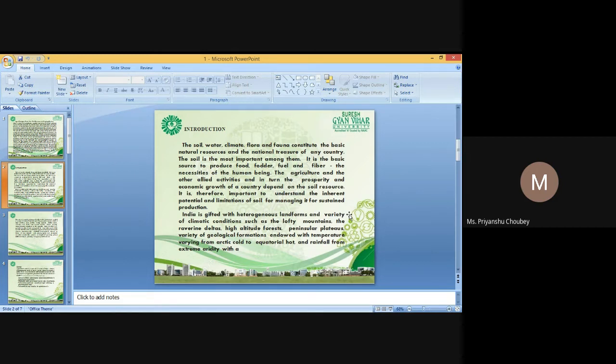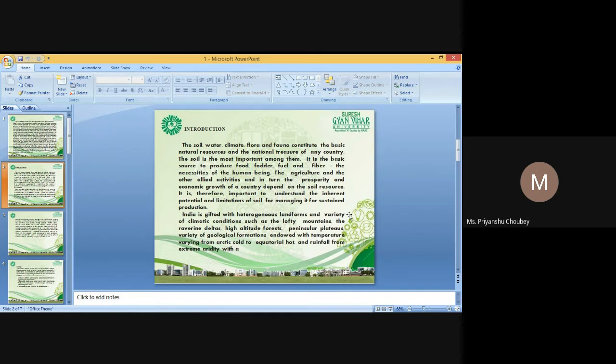Many estimates point out that the potential productivity of world cropland is being destroyed due to weakening soil health and quality.